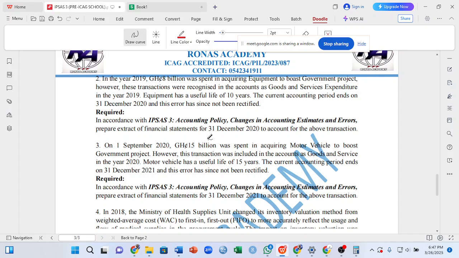That's the current accounting period, and the error occurred in 2019. So is it prior period or this year? It's a prior period. Once you have 2019 and your current year is 2020, that's definitely a prior period, so it's rather a material error. Do you get it?